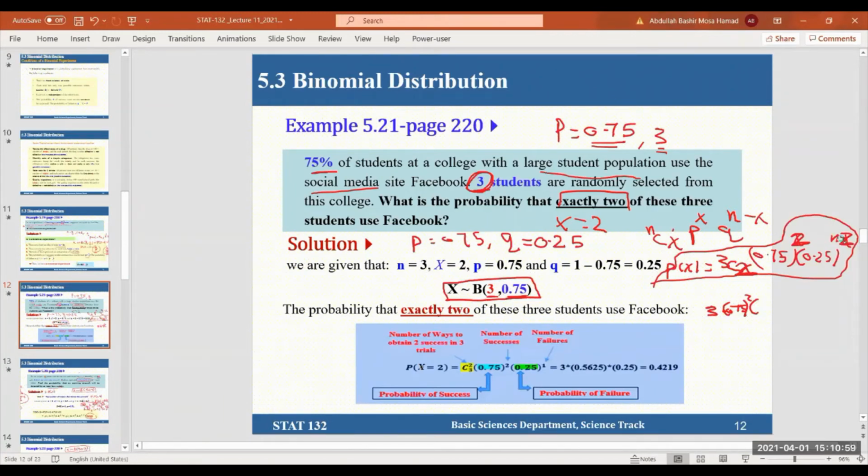So this comes like this: 3C2, 0.75 power 2, 0.25 power 1, which is 0.4219. So this is the probability of finding two students out of 3 using Facebook social media. Is it clear? Clear.